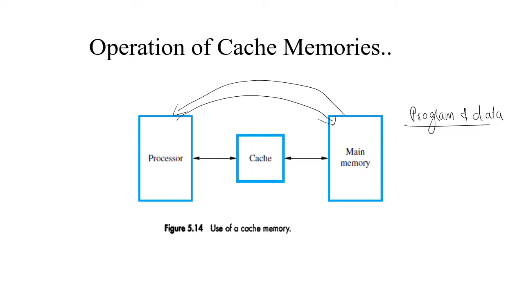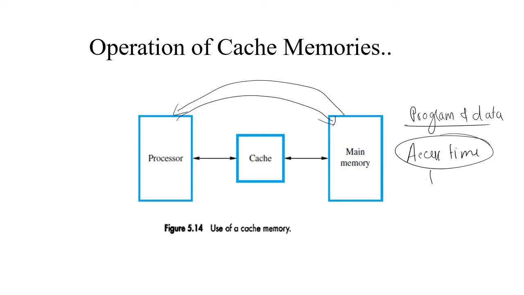So next time when the processor requests the same data from the main memory, the cache will supply that to the processor, thereby avoiding the slow process of transferring the same data from the main memory to the processor, thereby reducing the memory access time.